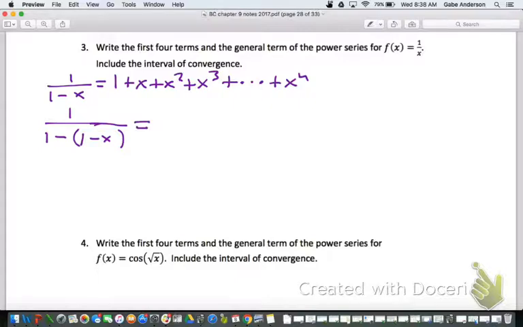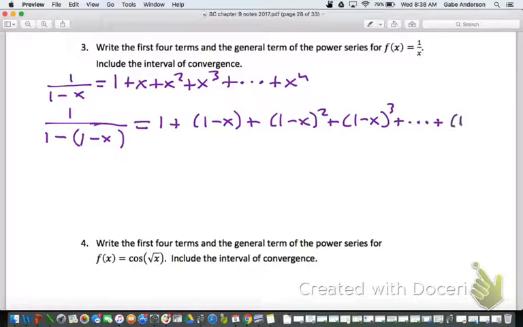So again, what this means is if I substitute on the left, I've got to substitute the same way on the right. So wherever I see an x, I'm going to put 1 minus x. So this would be 1 plus 1 minus x plus 1 minus x squared plus 1 minus x cubed plus dot dot dot plus 1 minus x to the n.